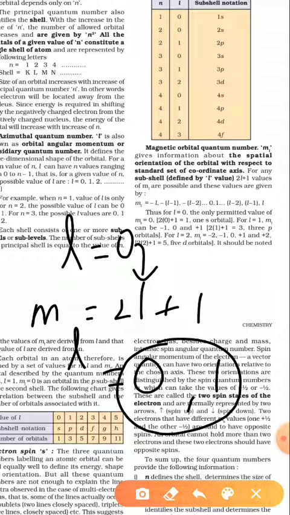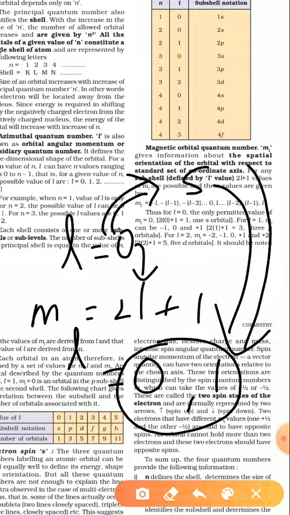What does it mean actually? L is equal to 0 represents the S orbital, right? S subshell. The S subshell has one orbital, which can hold a total of two electrons.